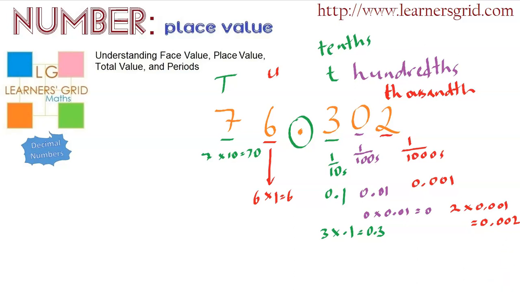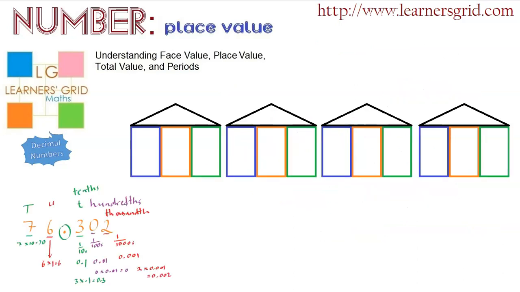Let's look at this a slightly different way and bring in the idea of the different periods that are associated with place value. You might recall a little diagram that looks like this, or another similar diagram, where you have columns and assign different place values to those columns.